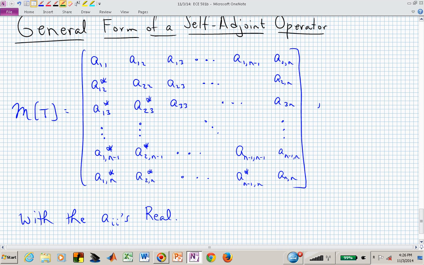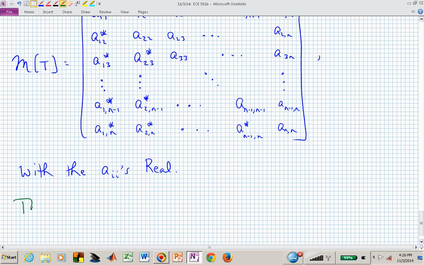And that's what we just sort of showed for this 2x2 case. And this form for the matrix representation of this linear map T is true for any basis.